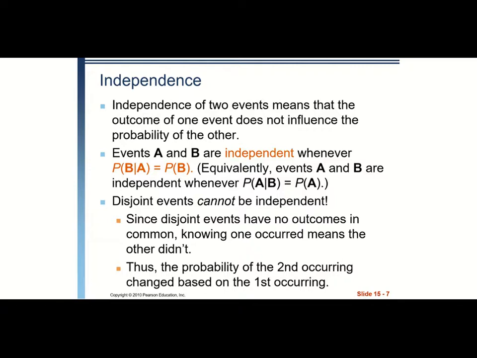So if I were to tell you I flipped a coin, you would guess and you would have a 50% chance of being correct. Now, if I were to tell you that I didn't get tails, you know for sure that I got heads. The probability of me getting heads is no longer 50% because these events are disjoint. They're not independent because knowing something about that first event tells us everything we need to know about the second.